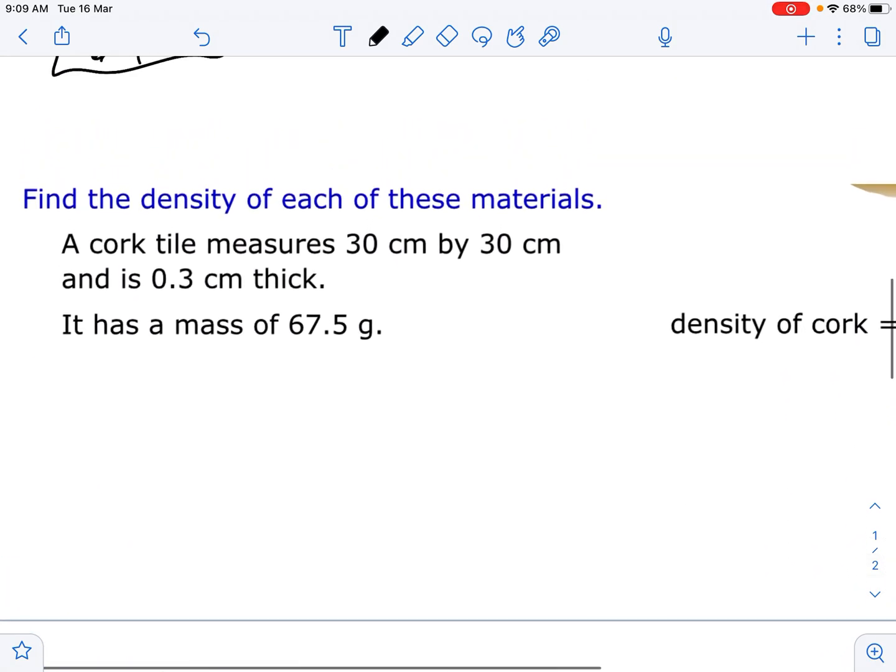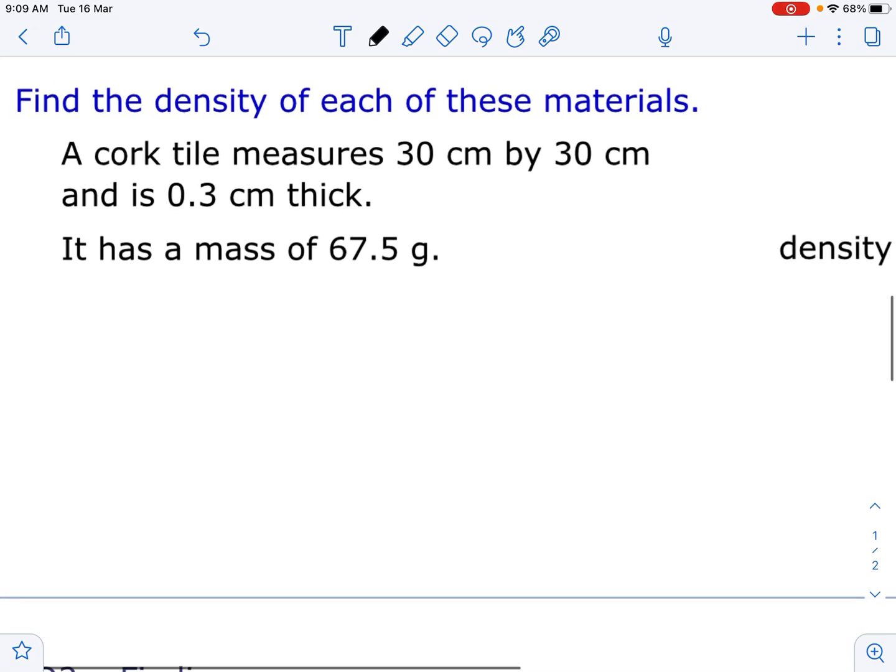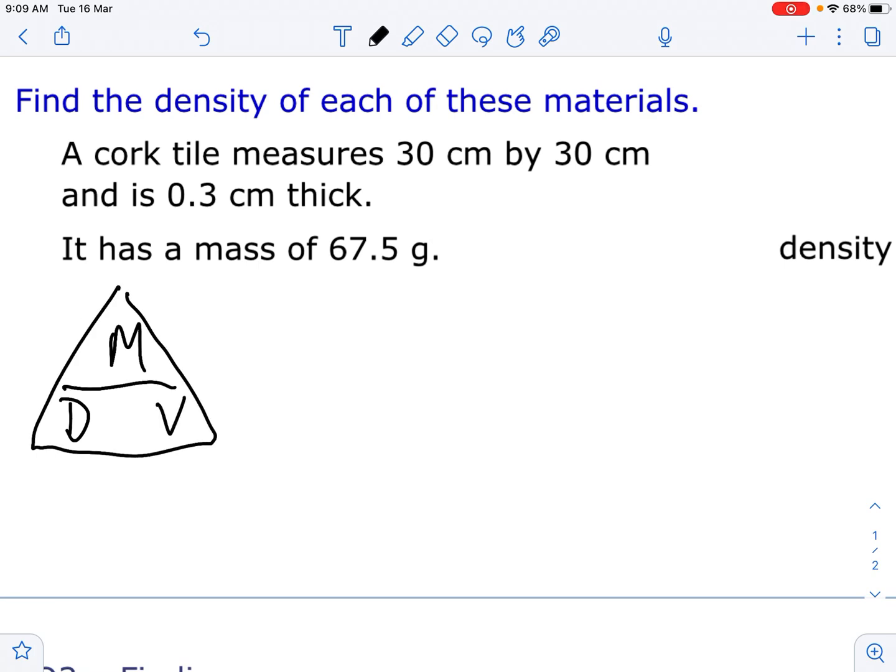So we want the density of a cork, and we've got a cork tile that measures 30 centimetres by 30 centimetres by 0.3. We're still going to use density is mass divided by volume. However, we haven't actually been given a volume, so we're going to have to work it out. We've got the mass, that's fine. A cork tile is kind of one of these, a tile that you might put on your wall or on the floor.